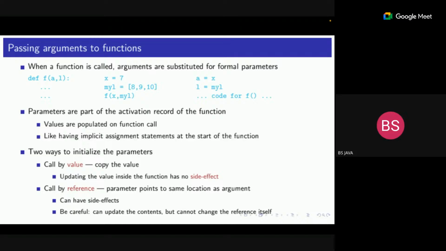In call by reference, we give the memory location as it is. So whatever changes you make to that variable will be reflected in the main function as well. It's the same thing we are passing, the reference, so we can see the change in the function as well as in the main function from where it is called.